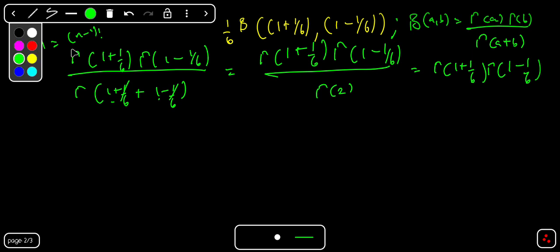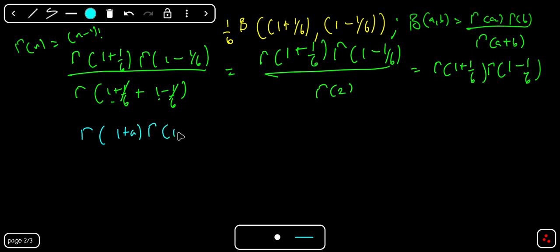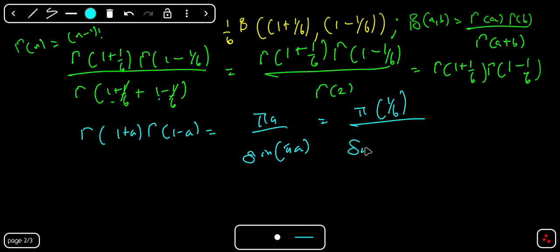Remember that gamma of 1 plus a multiplied by gamma of 1 minus a gives us pi a over sine of pi a. In this case, the value of a is 1 over 6, so this gives us pi times 1 over 6, over sine of pi times 1 over 6.